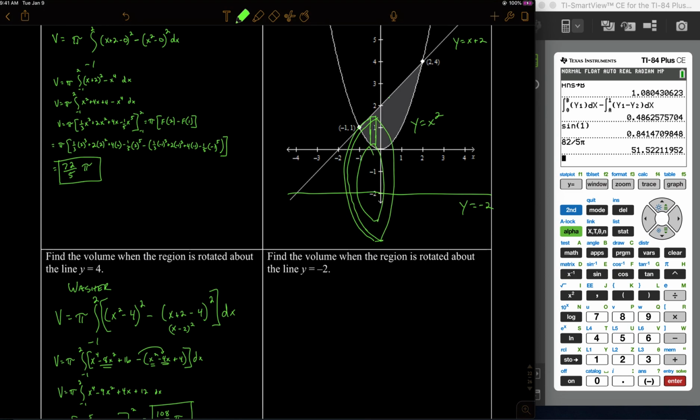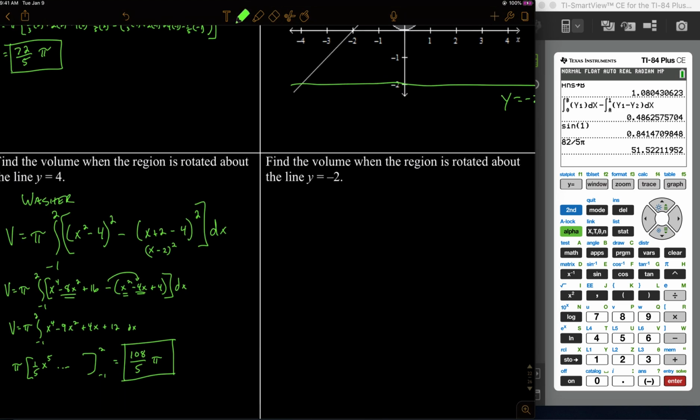Try my best to draw this thing. There's a big hole in the middle, so it's a washer method. So it's going to be big radius squared minus little radius squared. So we're talking about washers here.